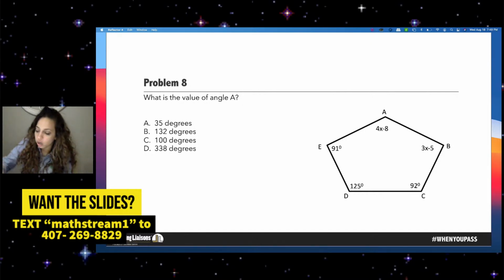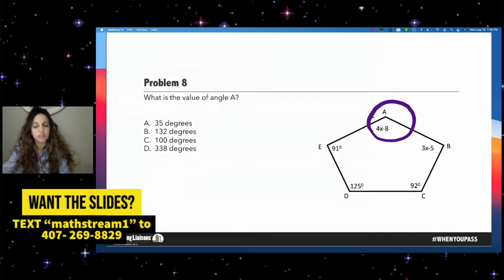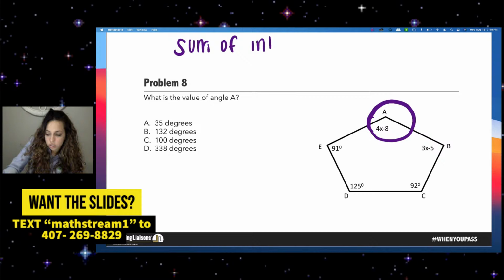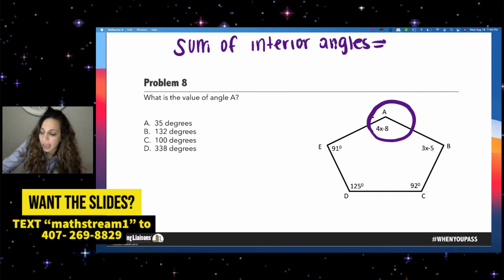So in order to be able to figure out what A is, we have to know what the sum of the interior angles is of this shape. The equation for sum of interior angles is n minus 2 times 180, where n is the number of sides in your shape.